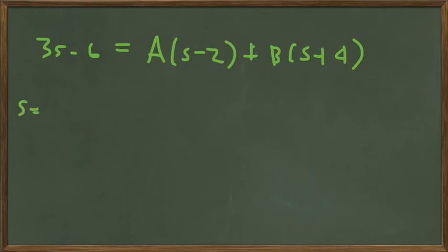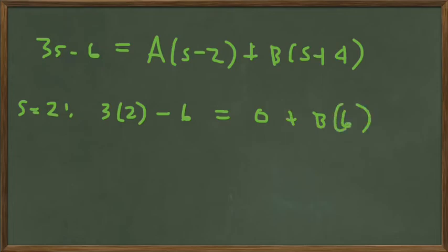So if we choose s equals 2, then the left-hand side is 3 times 2 minus 6, equals, and then 0 plus b times 6.